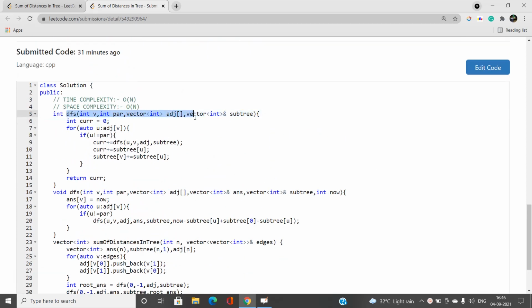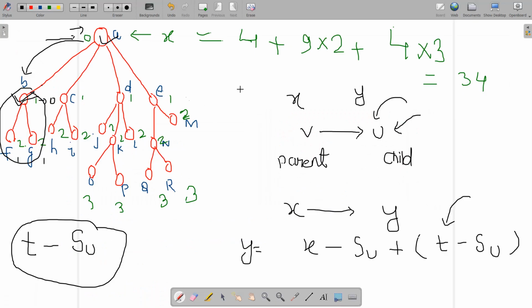Note that this DFS function returns some integer, and this current is going to store the answer for the current node. Okay, what is the answer for the current node? It will be the answer for all those child nodes plus the values of those subtrees. You can easily understand this if I take another page and explain.